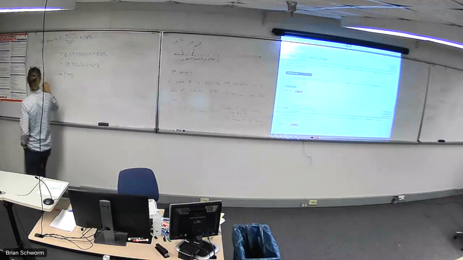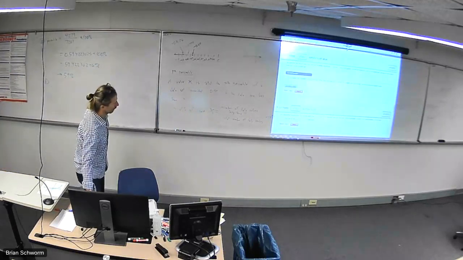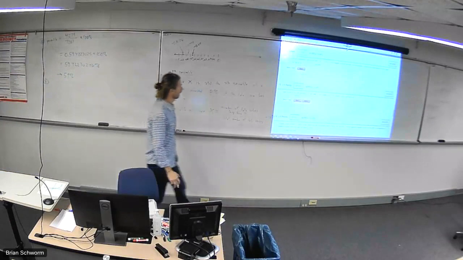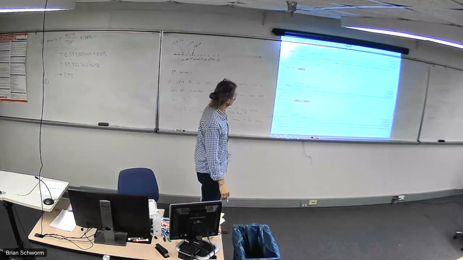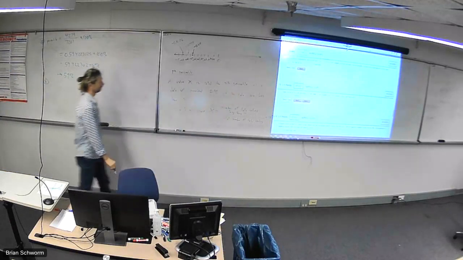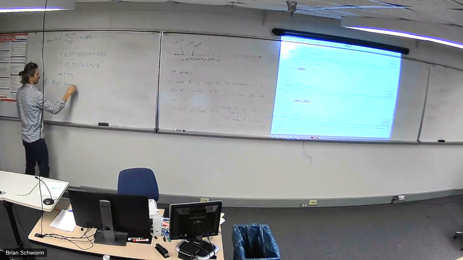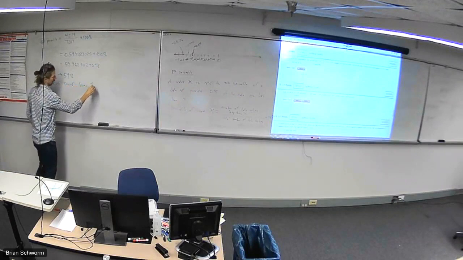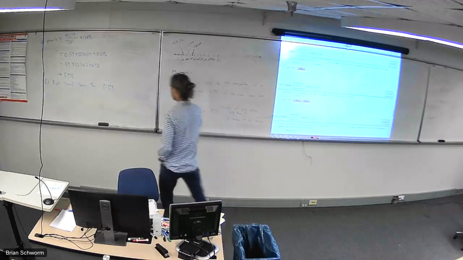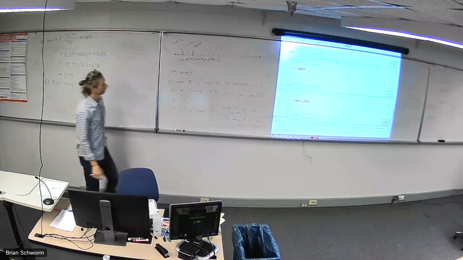Number 11, similar, except we have to do a little bit more first. Anyway, 11 says on the placement examination, Rick scored lower than 1,151 other people.